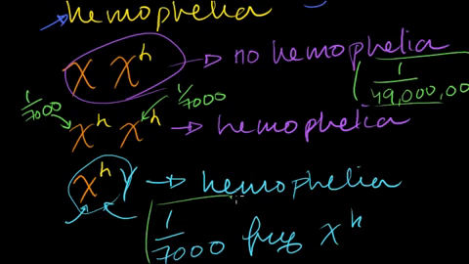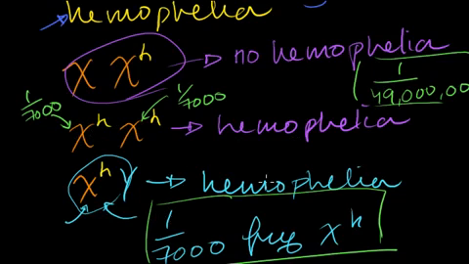And in general, for any sex-linked trait, if it's a recessive sex-linked trait, men, if they have it, are going to show it because they don't have another X chromosome to dominate it. Or for a woman to show it, she has to have both versions of it.